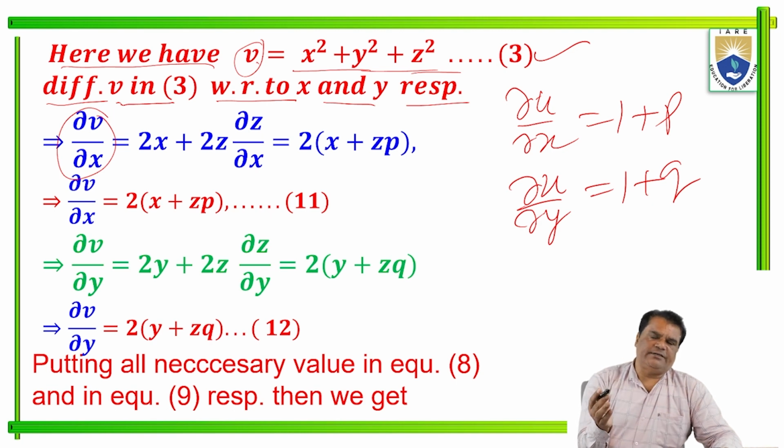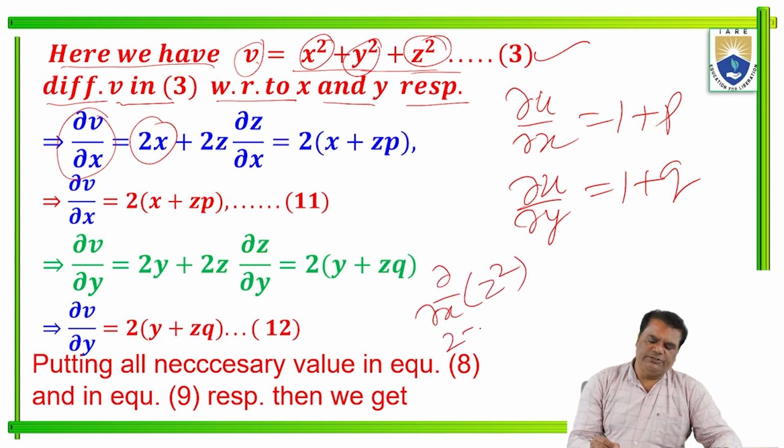Keeping y as a constant, the differentiation of x square is 2x. The differentiation of y square is 0 because y is constant. The differentiation of z square with respect to x is 2z, and again differentiating z with respect to x, ∂z/∂x.